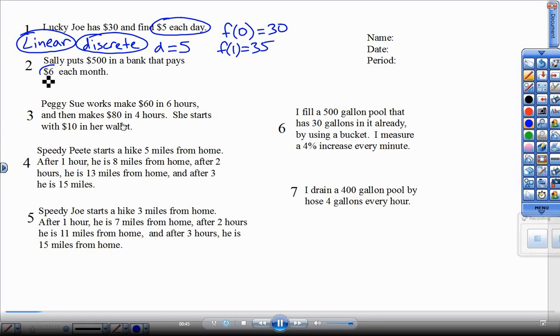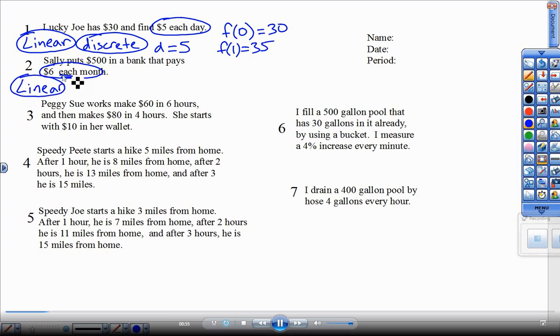This bank one is not charging a percent, so it's not exponential. It's $6 each month. Because Sally's waiting for that bank to put that $6 in each month, I consider this linear because it's not a percent, and discrete.